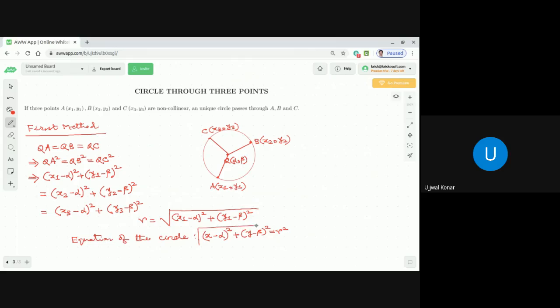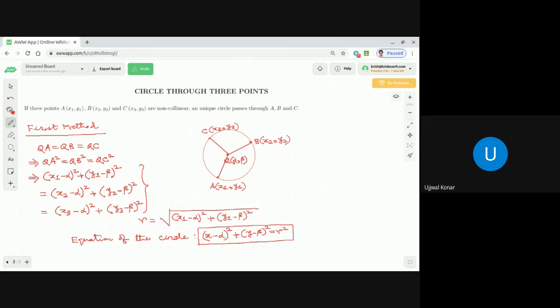So dear students, one important point here is that alpha and beta are not known to you. We are assuming that the coordinates of the center are alpha comma beta. And then we are able to find this relationship, as you see here, dear students, that x1 minus alpha whole square plus y1 minus beta whole square is equal to x2 minus alpha whole square plus y2 minus beta whole square is equal to x3 minus alpha whole square plus y3 minus beta whole square.